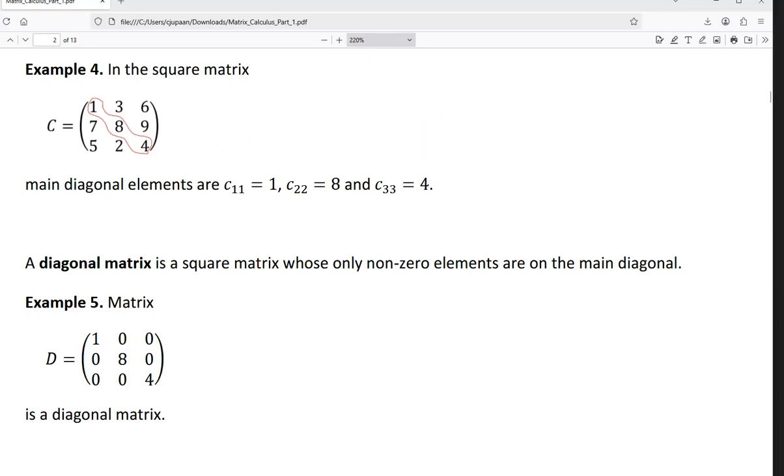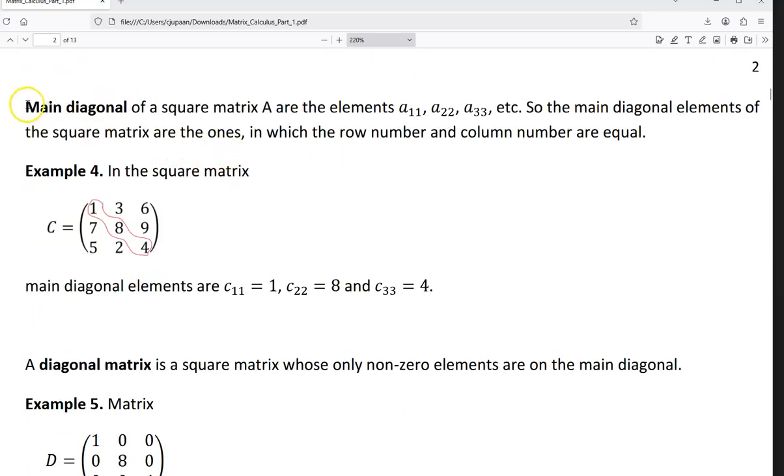But it is important to understand what the main diagonal is: the elements whose row number and column number are equal.